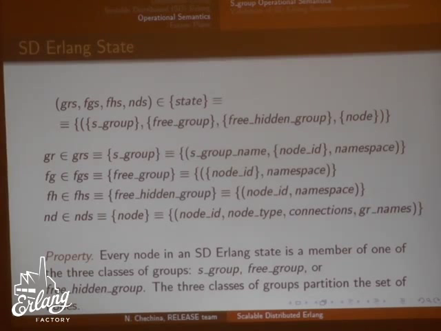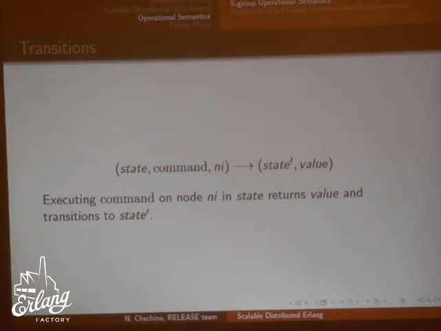Hidden nodes have their own namespace, they don't share it, and they don't have transitive connections with other nodes. So the property here is that every node in SD Erlang is a member of one of these groups. Each node belongs only to one of those, and here we can derive all sorts of properties.